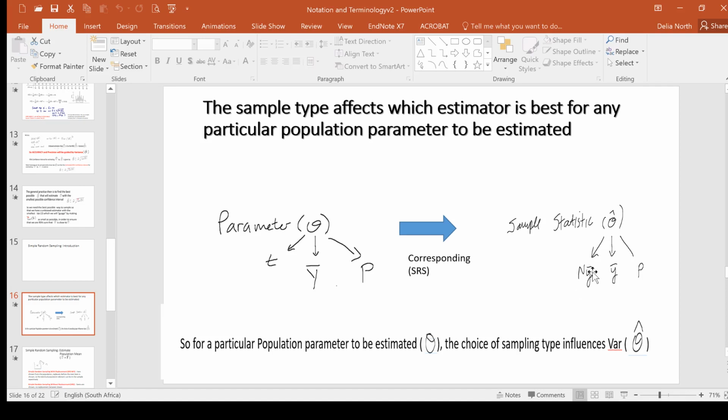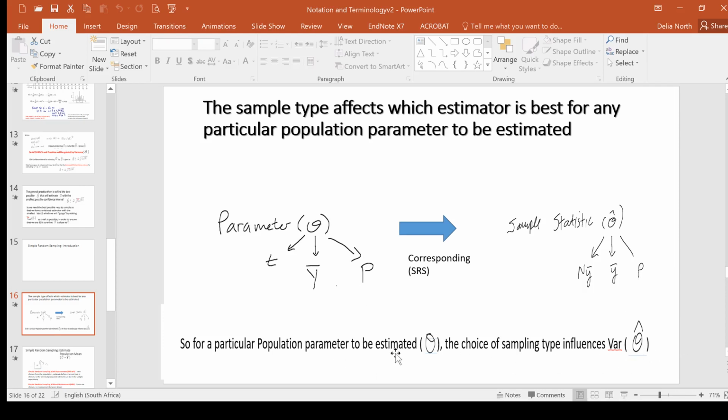You would work that out because you have one sample and that estimates your total. If you want to estimate the population mean and you've done simple random sampling, you would use the sample mean. If you want to estimate the population proportion that belong to a particular category, we'll be talking about that, you use the sample corresponding proportion.